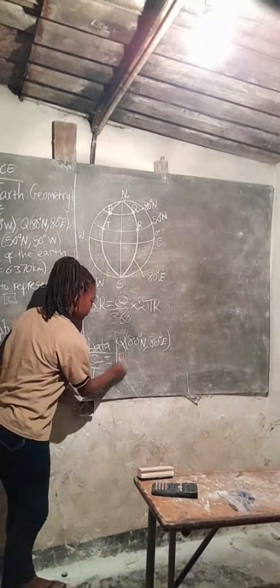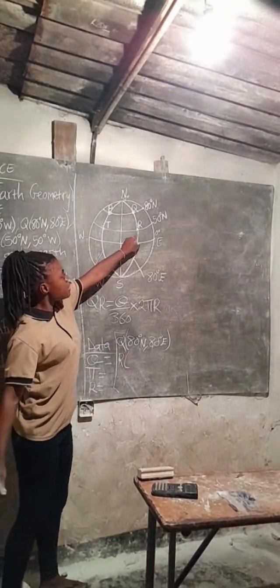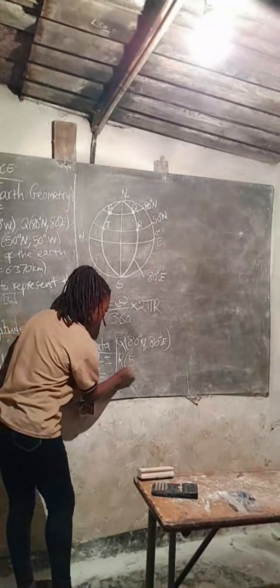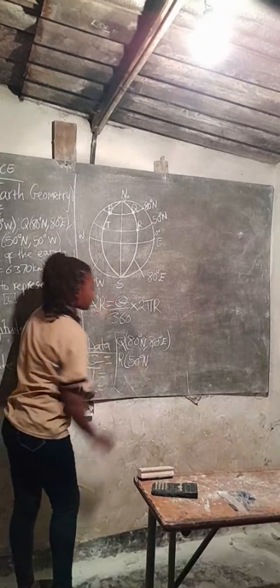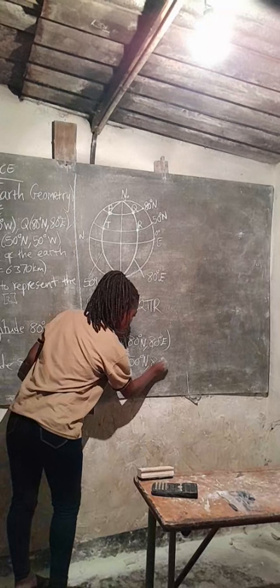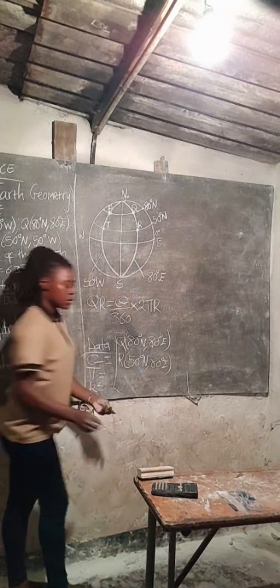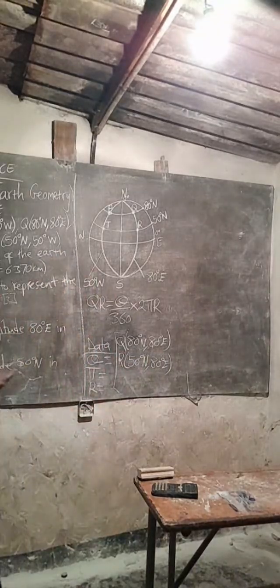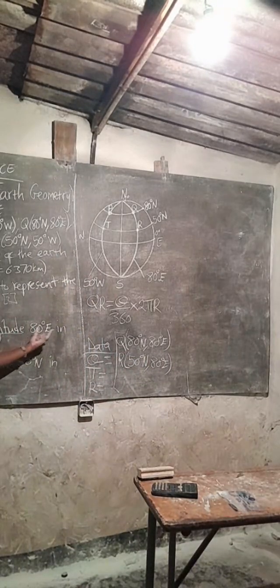Then point R is on what? This point R is on latitude 50 degrees north, comma, longitude, which is the same, 80 degrees east.